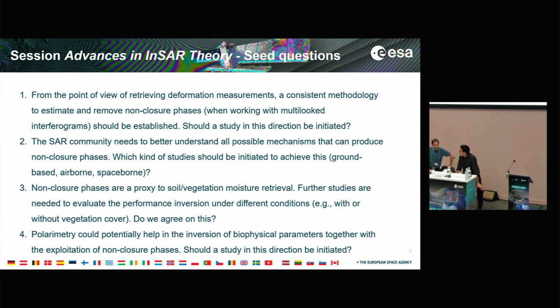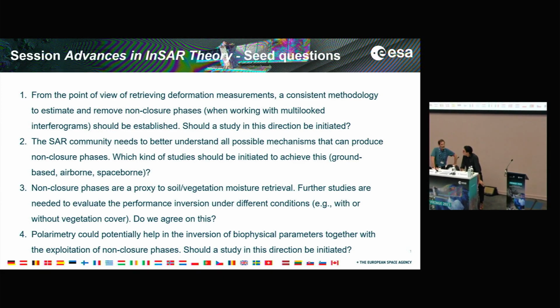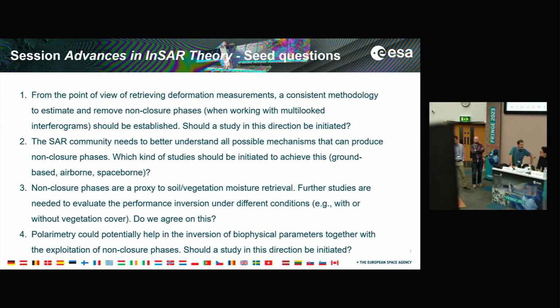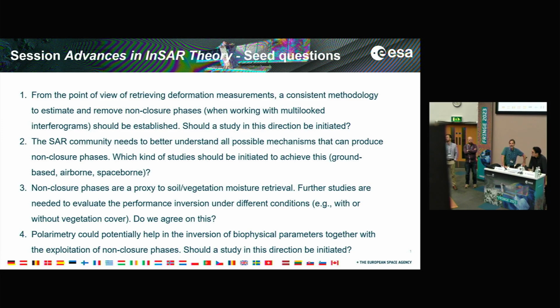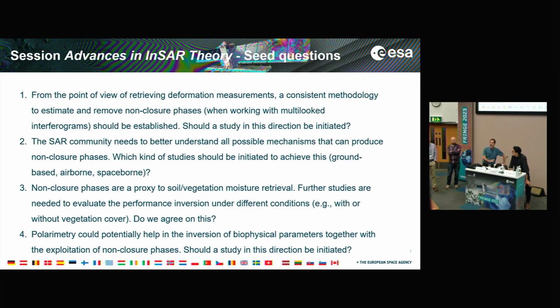Yesterday's talks had quite a common theme in terms of the closure phase and presence of phase bias and such. So that is something that is clearly being thought of by a number of people, and there may be some good discussion points people want to continue to bring up about that. Today's session had more of a variety of different talks, but if there's a lingering question someone would like to bring up, then that is perfectly fine.